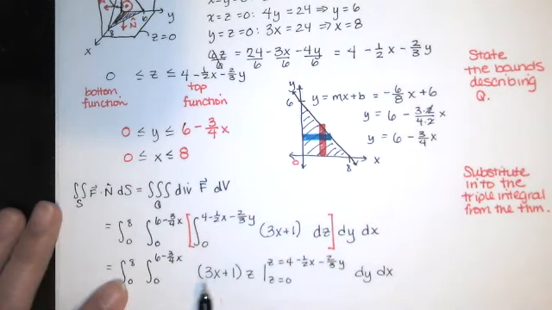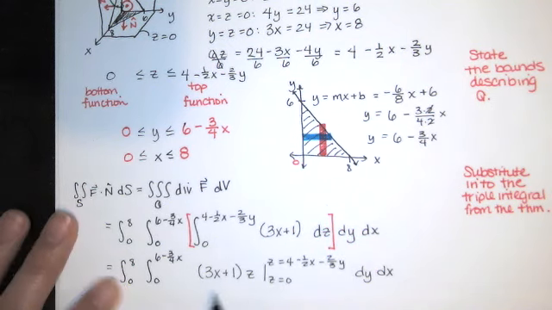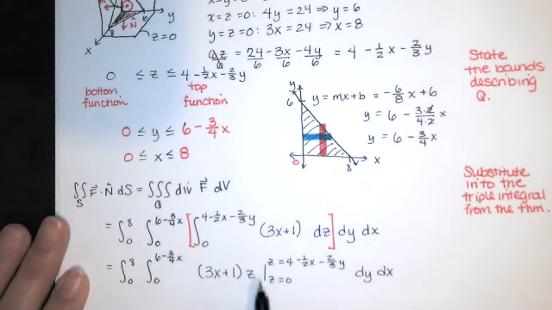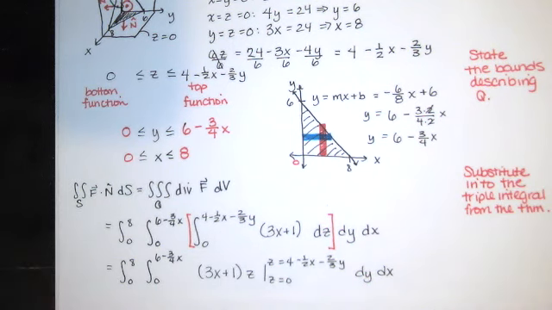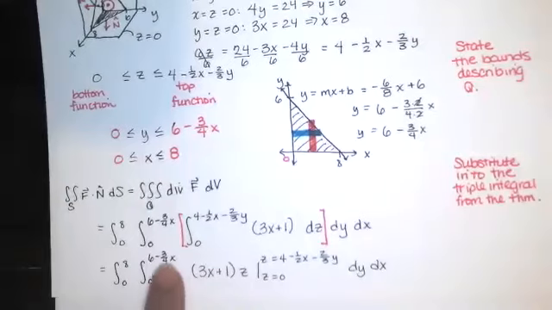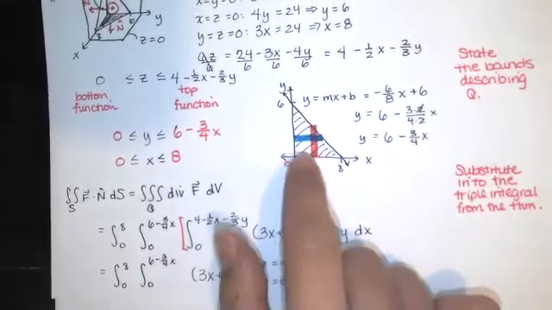When we substitute, we're going to get 3x plus 1 times the equation of the plane minus 3x plus 1 times 0, which is just 0. So really, we just end up with 3x plus 1 times that as our new integrand. And then we'll evaluate the double integral over that little triangle.